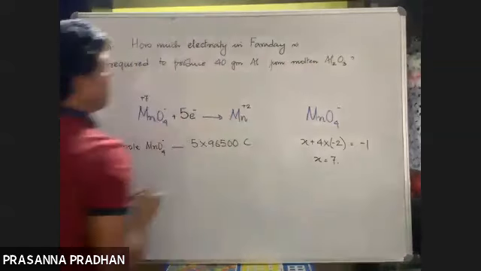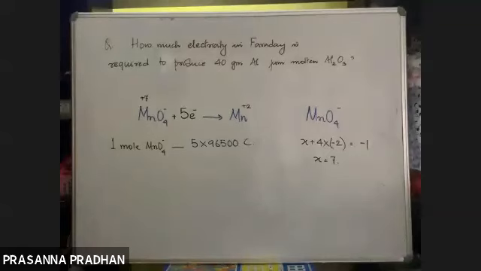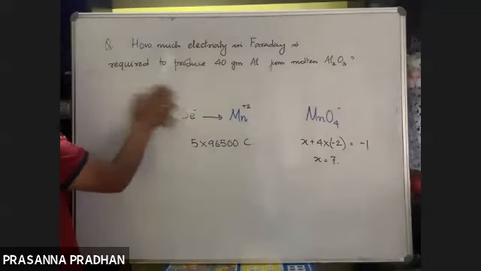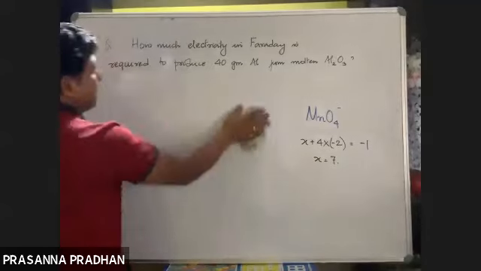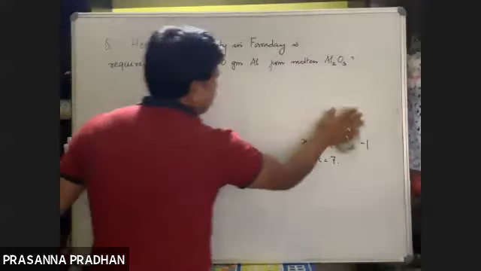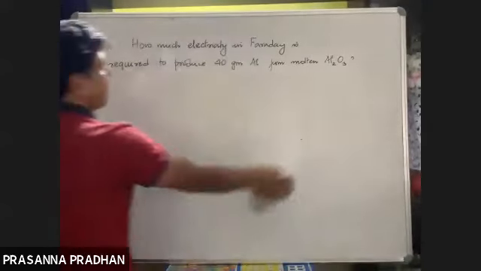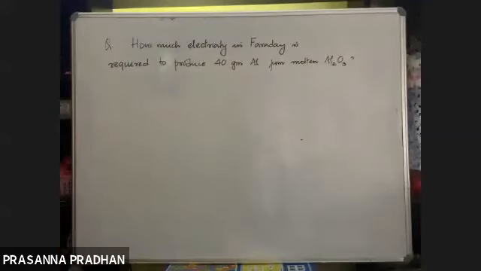Yes, please copy this question. Now it has been mentioned out here that we have to give our answer in Faraday. How much electricity in Faraday is required to produce 40 grams of aluminium from molten Al2O3?